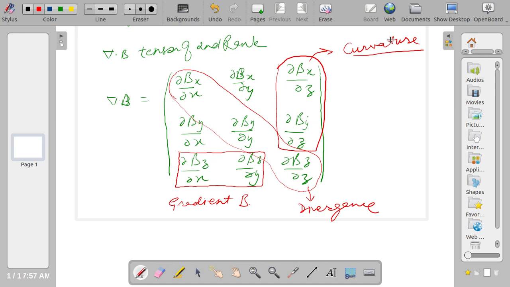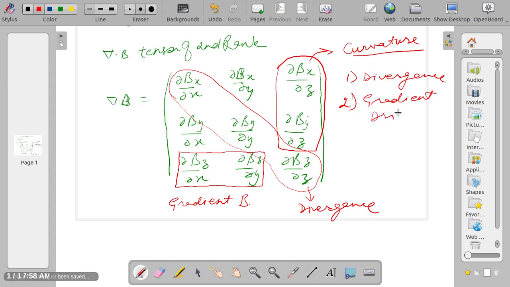So we will divide this article into three parts. First is the divergence, second is the gradient drift, and third one is the curvature drift.